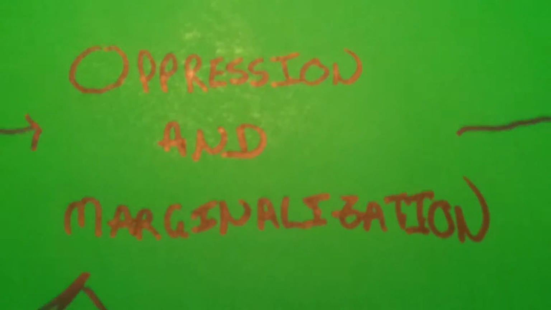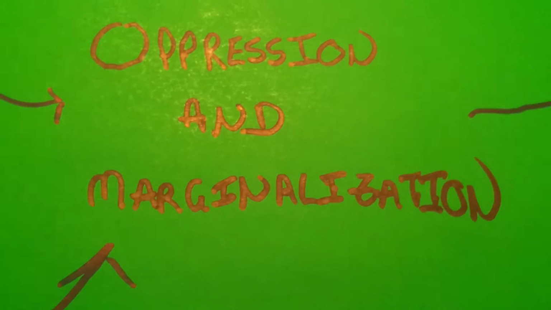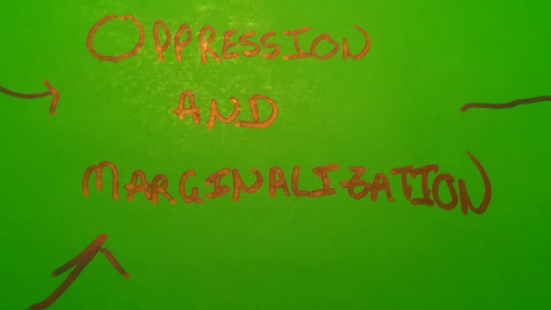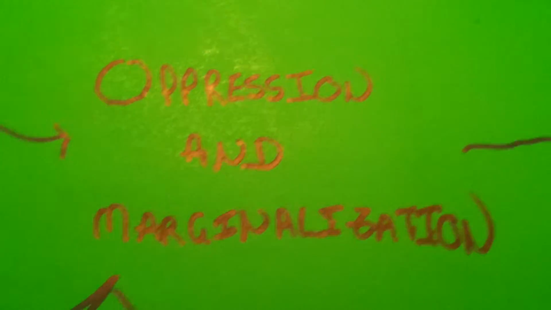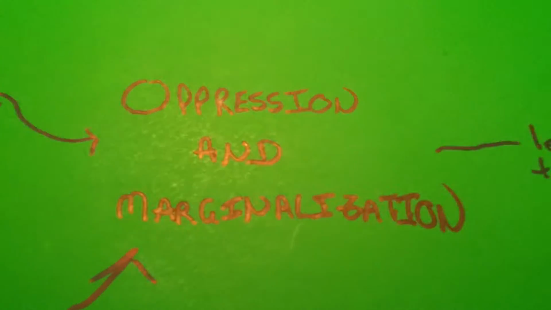I'd like to begin with the ideas of oppression and marginalization. These are central themes in the history of disability and in the history of developmental disabilities especially. Misconceptions in media and pop culture, as well as historical injustices, especially segregated classrooms and institutions, have contributed to oppression and marginalization.